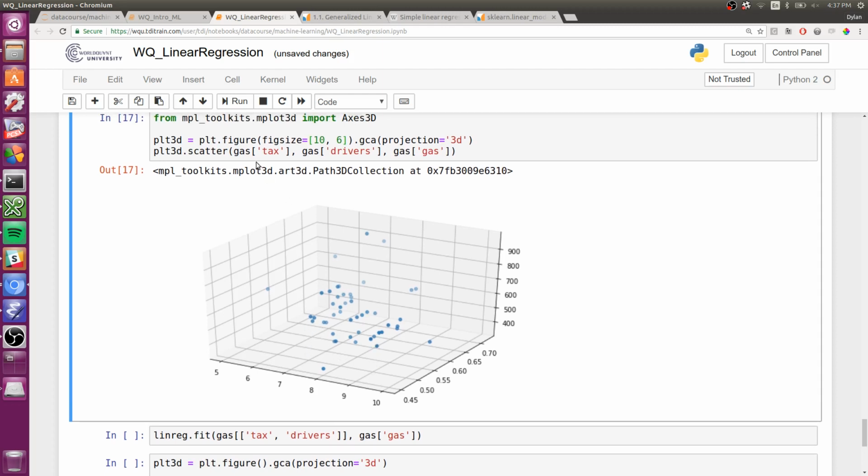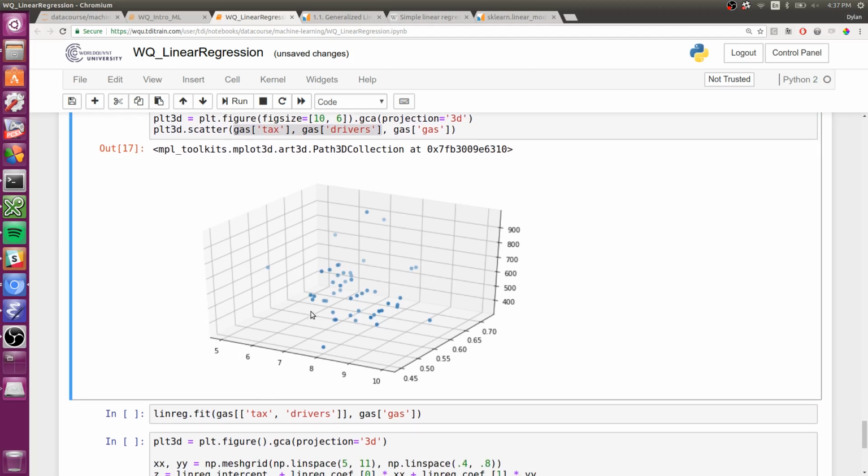But as we add more and more features, we can no longer visualize the spread of the data at all. But the idea is, when we want to fit a linear model to these points, if we were using just 2 features, we would be fitting a plane to these data points. So a plane would be slicing through this cloud.